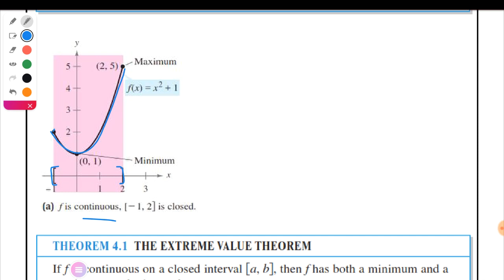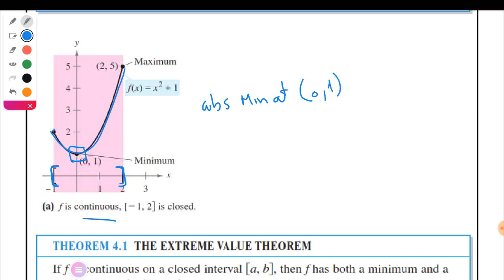In this case, we have the least value of the function on this closed interval, and we name it the absolute minimum, which is at the value 0. That is from the graph.